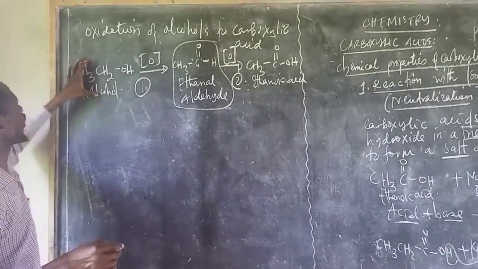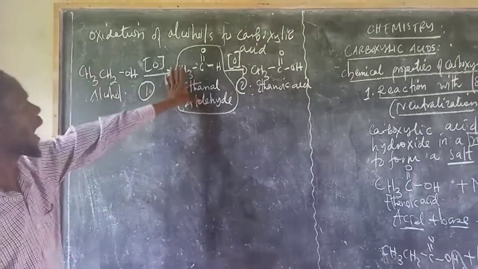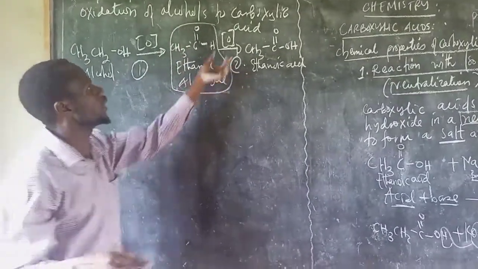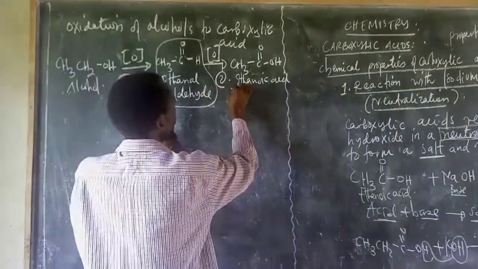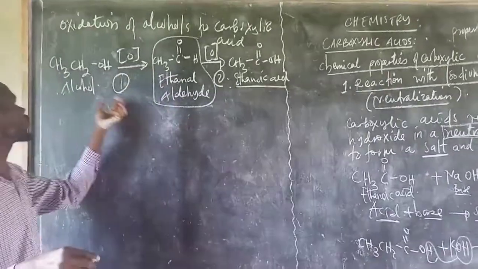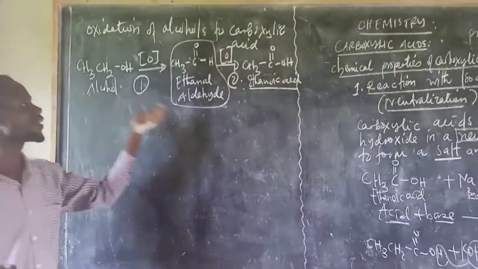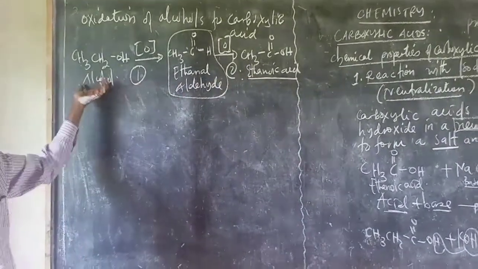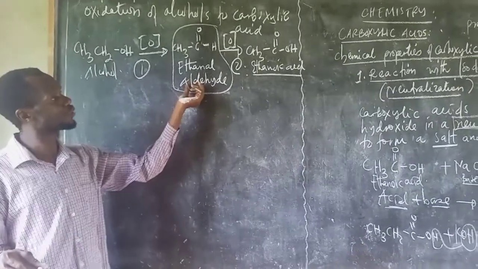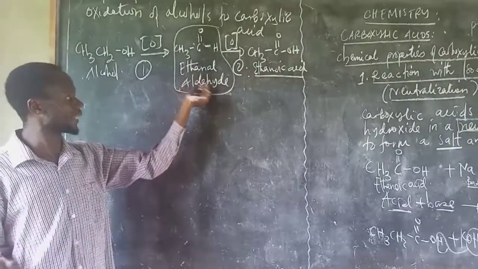Oxidation takes place when the alcohol is converted to an intermediate product called aldehyde to produce ethanoic acid, which is a carboxylic acid. So there is no direct production of ethanoic acid from ethanol. This is impossible. We must first form an intermediate product called aldehydes.